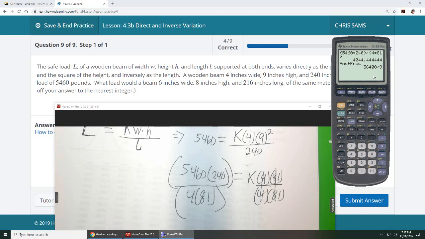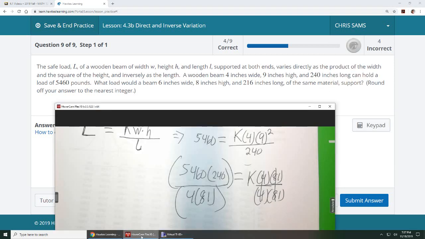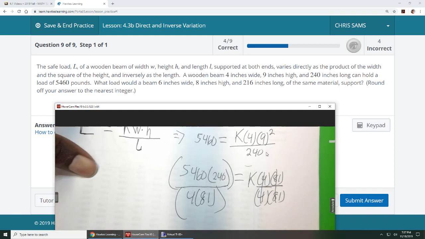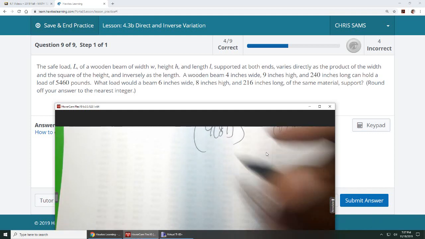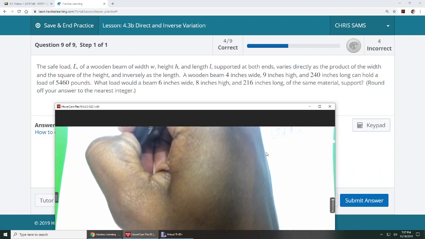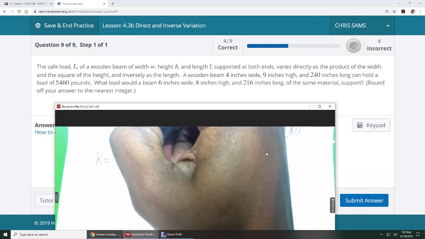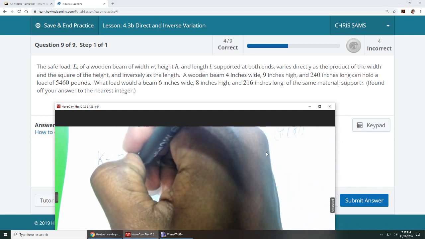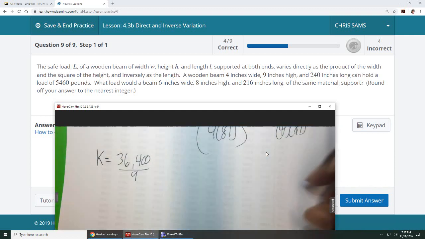Okay, so what I'm going to put for K is 36,400 divided by 9. So K equals 36,400 divided by 9. So this is my K value.